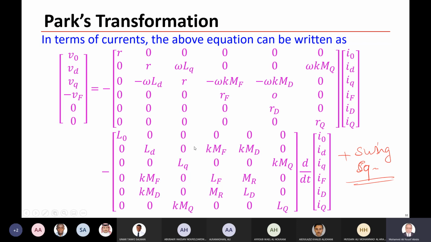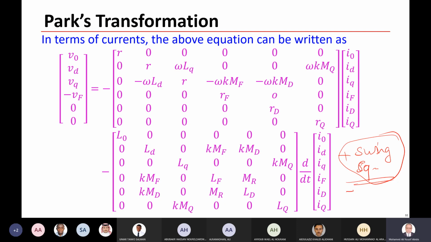Of course, this is not the only model for the synchronous machine. In this course, we will not work on the 7th order model, but we will simplify, probably in the next handout. We will discuss the different models of the synchronous machine, starting from the 2nd order model, which is commonly used in transient stability.